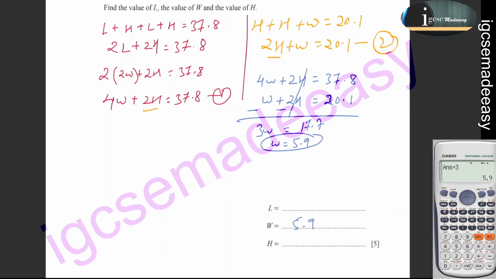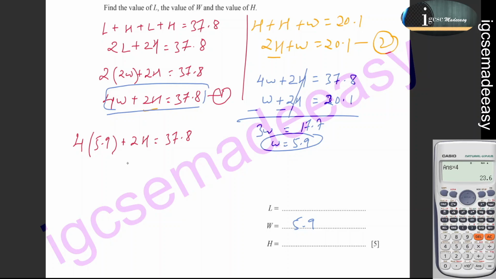And if I get W, I can put the value of W over here. So 4 into 5.9 plus 2 into H equals 37.8. 5.9 times 4 gives you 23.6.